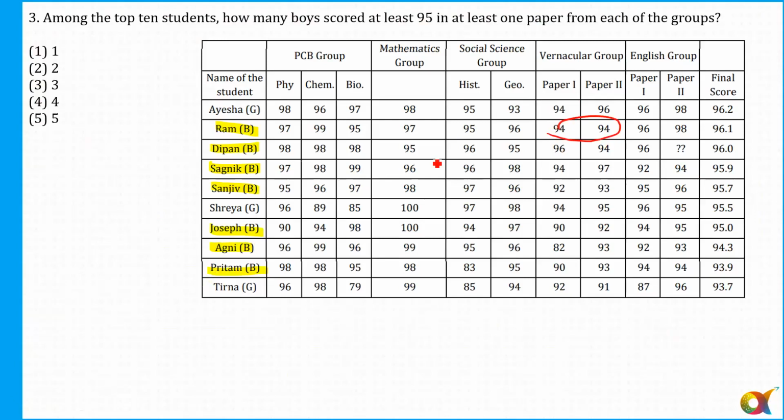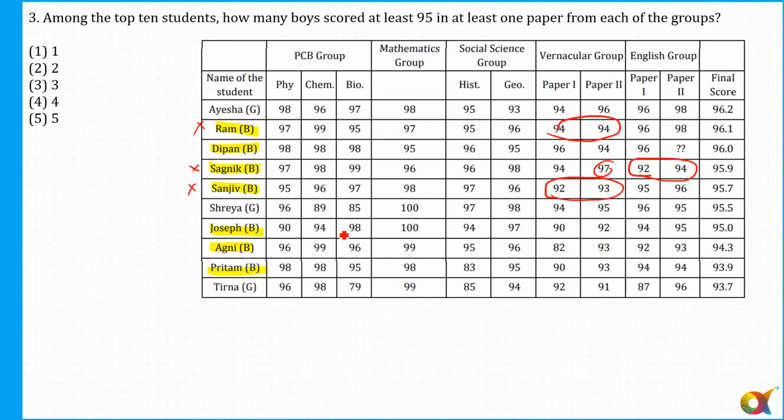Now, Deepan is satisfying the criteria. Sagnik, in the vernacular group, it is okay, but in the English group, Sagnik is getting less than 95 in both papers, so Sagnik is also not satisfying. Sanjeev, in the vernacular group, is getting 92 and 93, which is not satisfying.